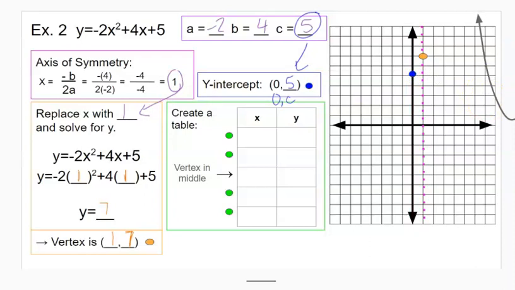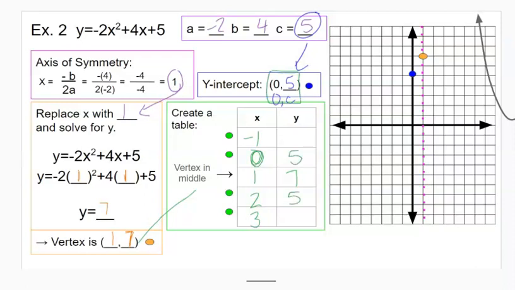And now remember that last step is to create a table. So we're going to start by putting our vertex in the middle, which is 1, 7, right there. And then again, putting 2 smaller numbers above 1, 2 bigger numbers below 1. Now, in this case, we also have 0 coming up in our table, and we know that when x is 0, y is 5.